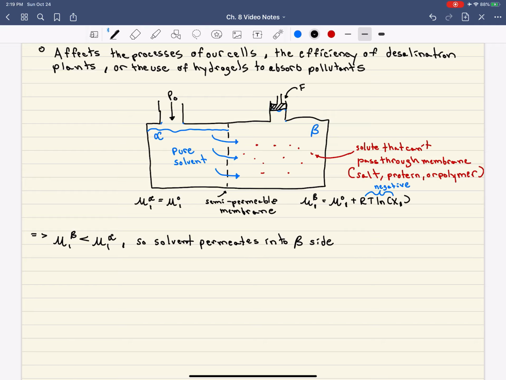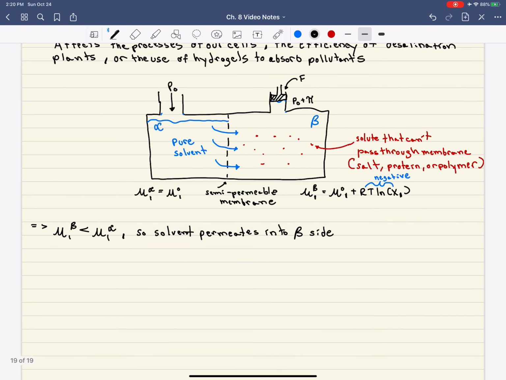Okay, and so we put in a piston cylinder system where we could apply a force. And when we apply a force, what we're doing is we're changing the pressure on the beta side. Okay? And so let's say we apply a force so that our new pressure is P naught plus what we call pi, right? And let's say that that new pressure is enough to stop the flow of solvent from the alpha compartment. Okay? So to stop flow, we can apply pressure on the beta side.